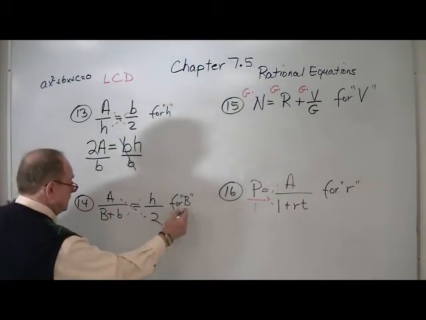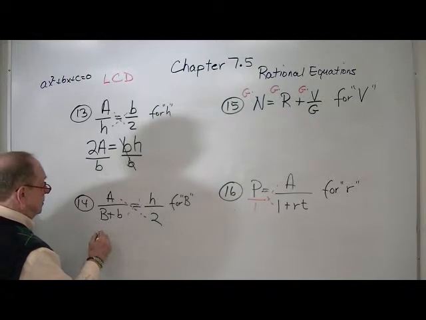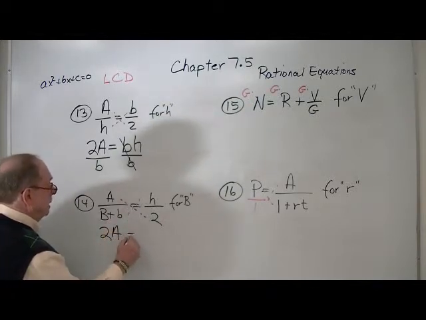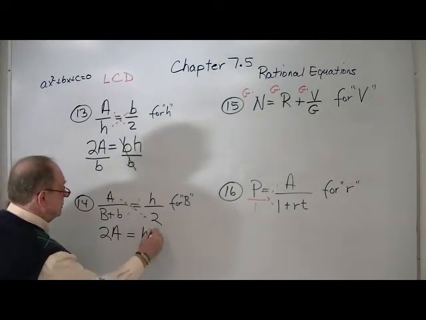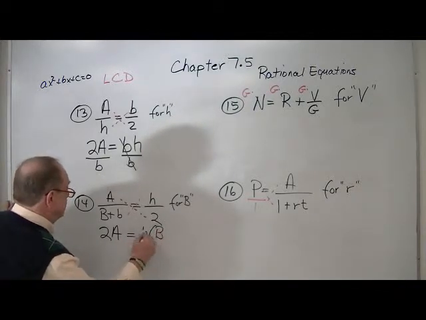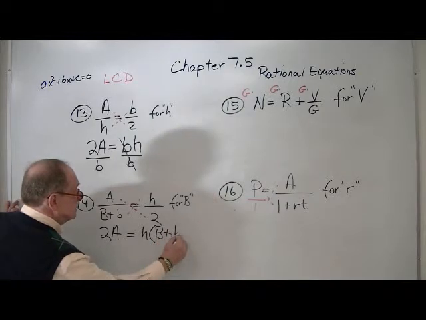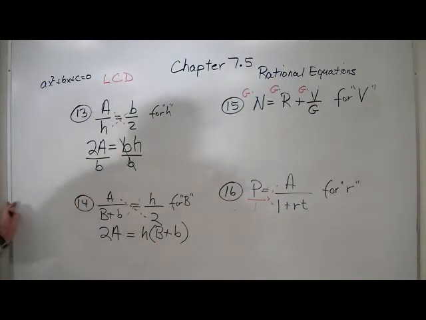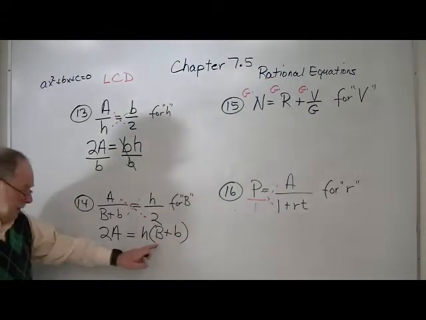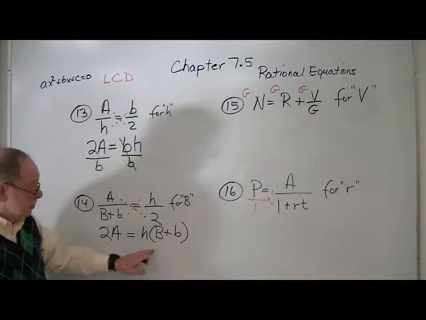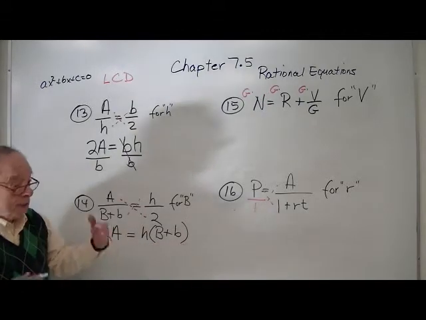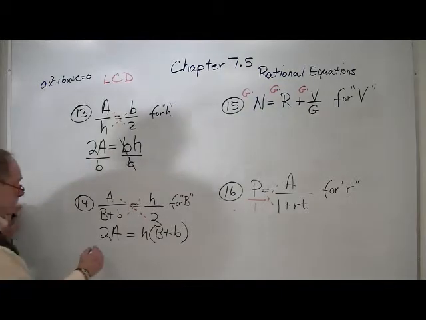So again, we want to solve for capital B, so we go 2a equals h times capital B plus lowercase b. Now here the term we're looking for is in a parenthesis, so we need to get it out of the parenthesis.